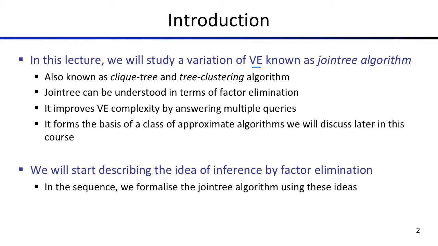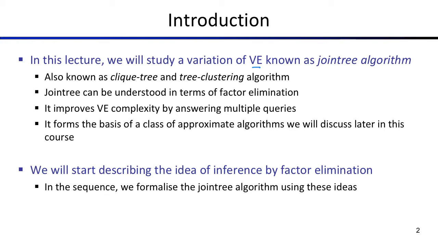Just this change of view is not enough to justify the algorithm, but the truth is that the factor elimination algorithm, the Jointree algorithm, is so popular because it improves variable elimination in terms of complexity. We're going to see that the complexity for running the Jointree algorithm is the same as the complexity of the variable elimination algorithm.